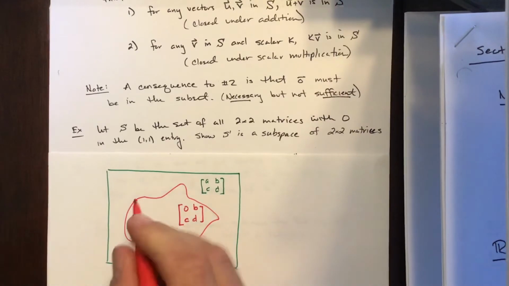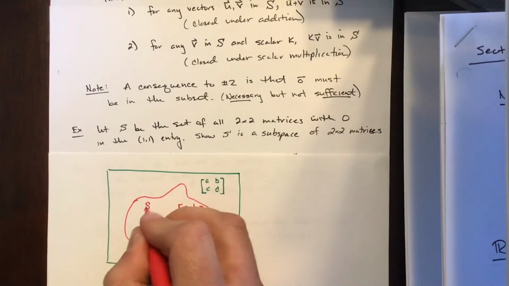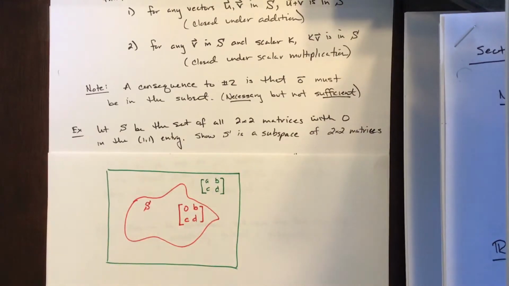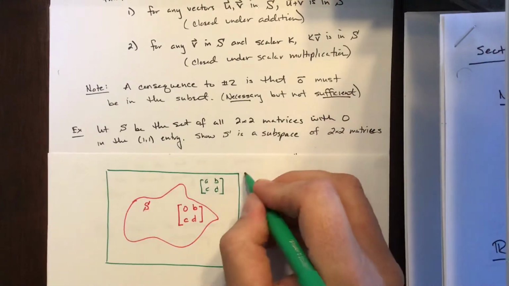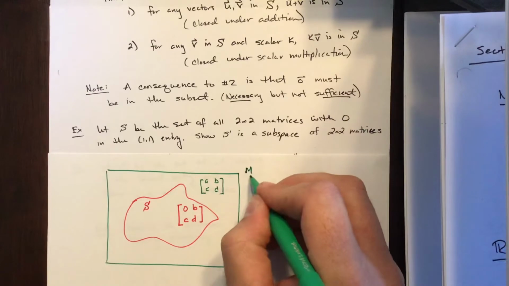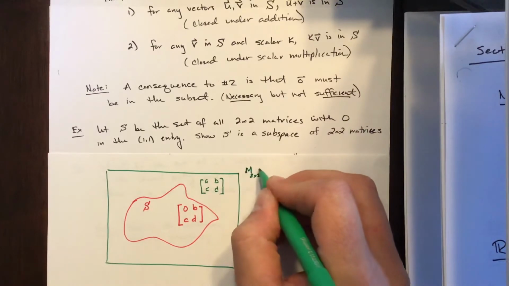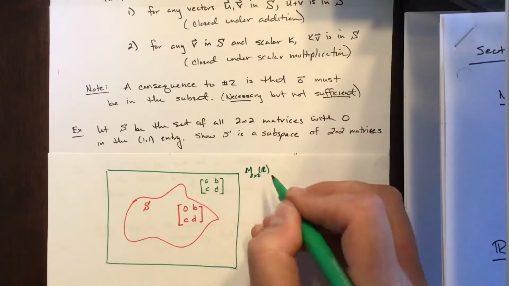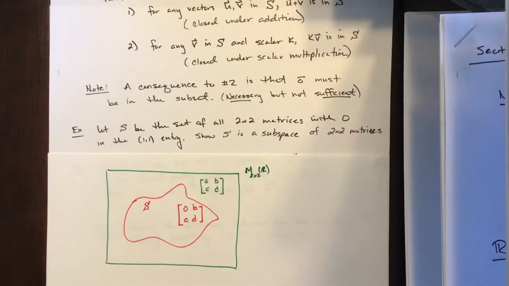This is the subset that we're working with. Now we want to show that the thing in red is a subspace.